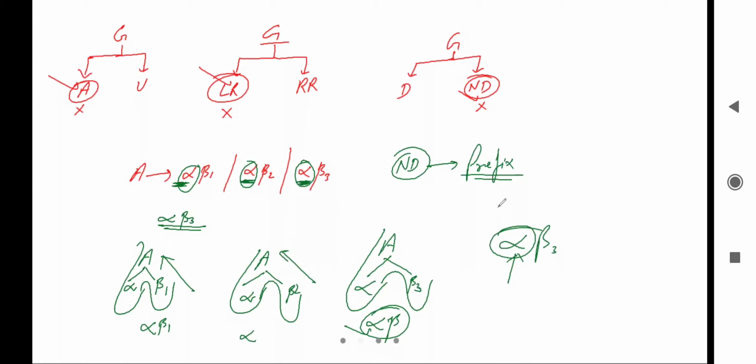There is a choice, and we don't know which production is the right one we are looking for. This non-determinism caused by the prefix is called left factoring.